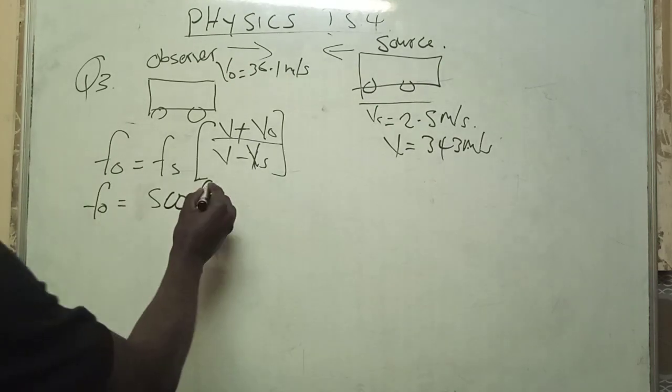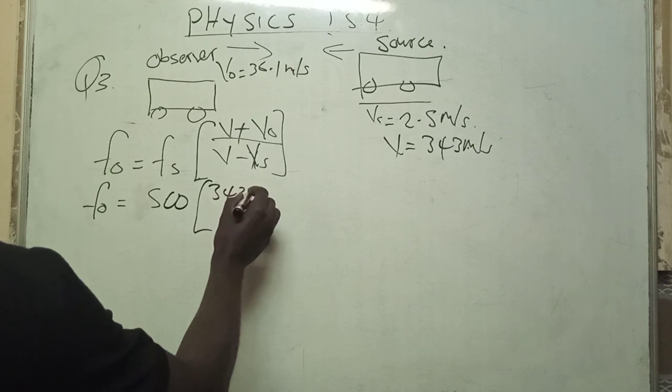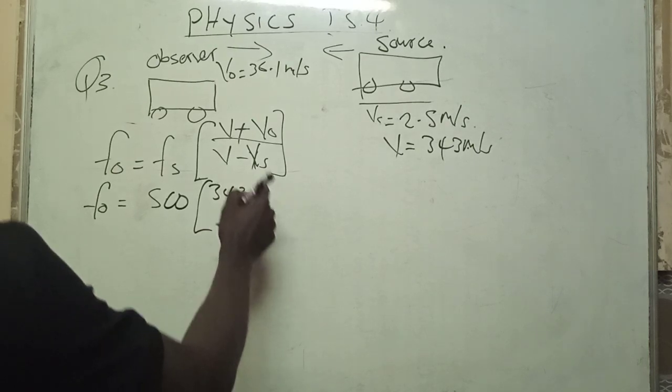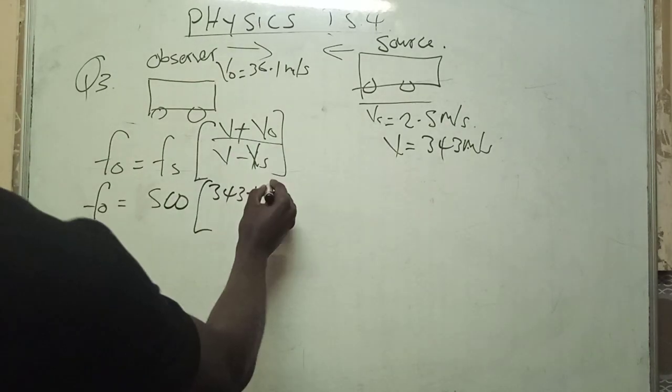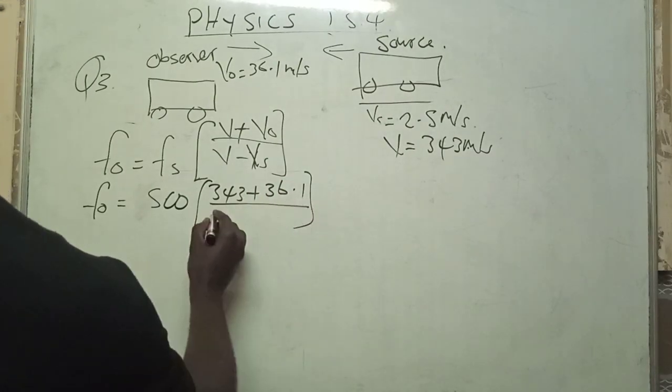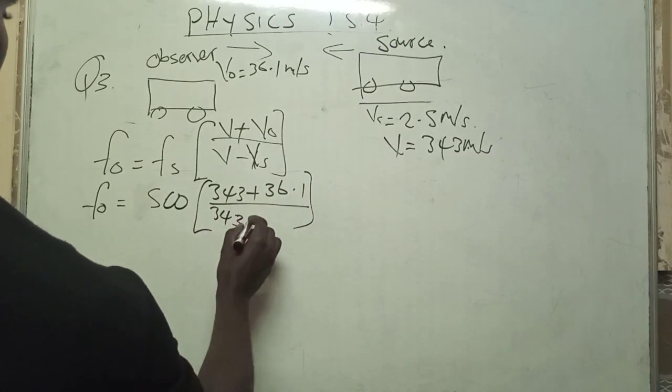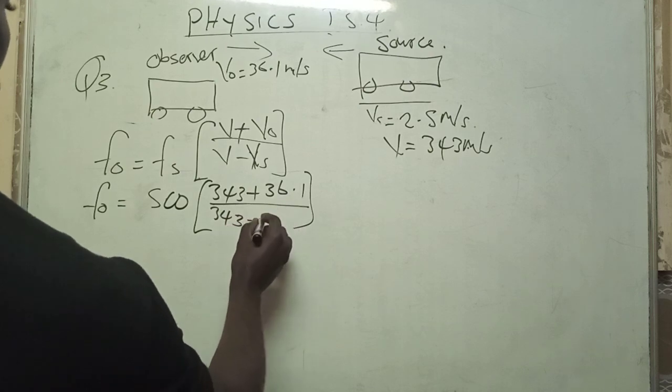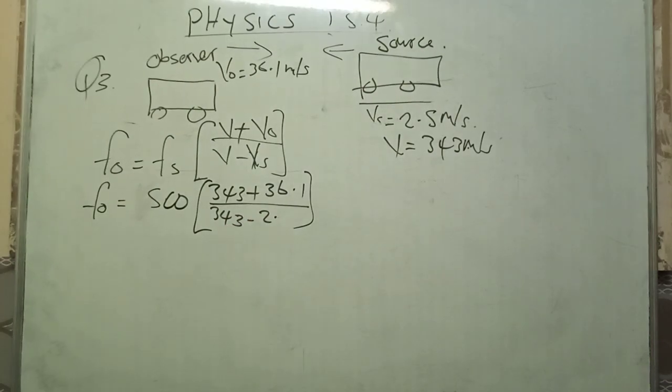Then I have 343 plus the velocity of the observer, 36.1, over 343 minus the velocity of the source, 2.